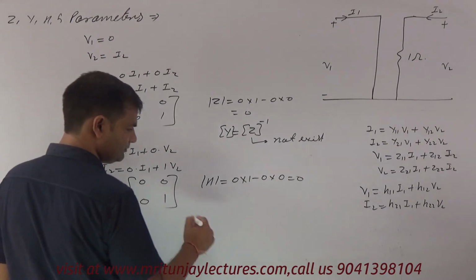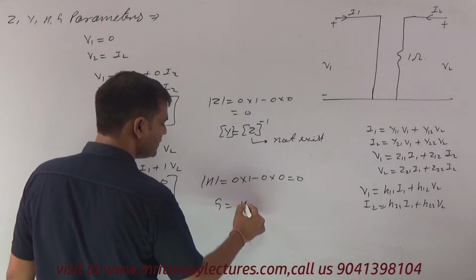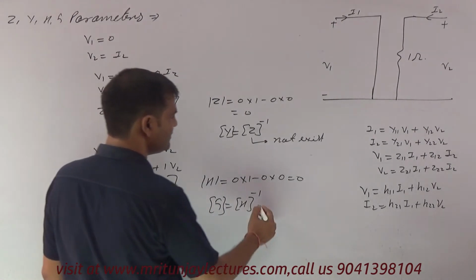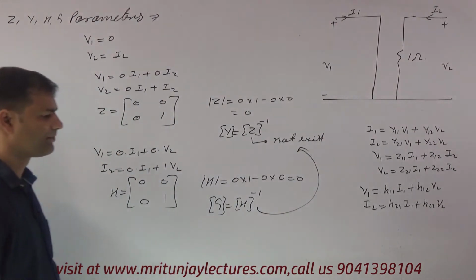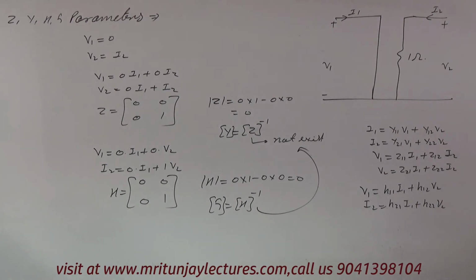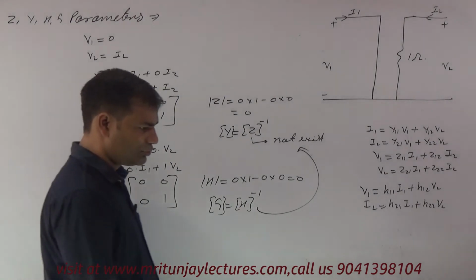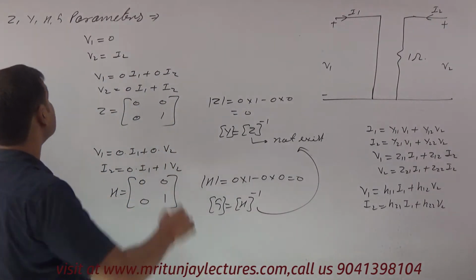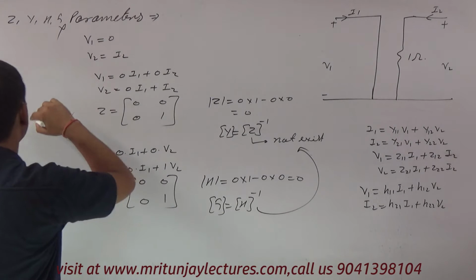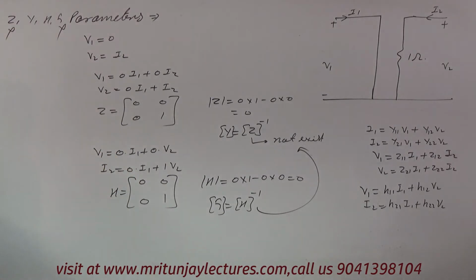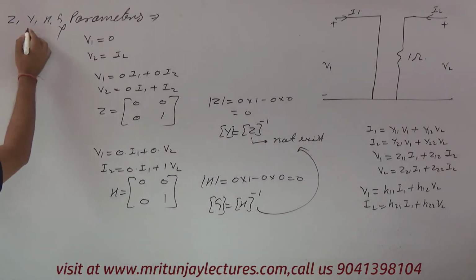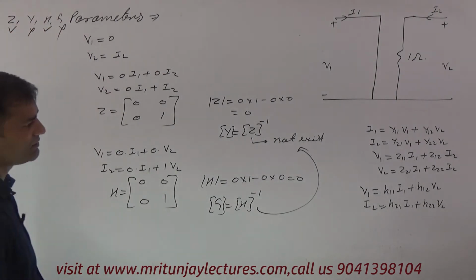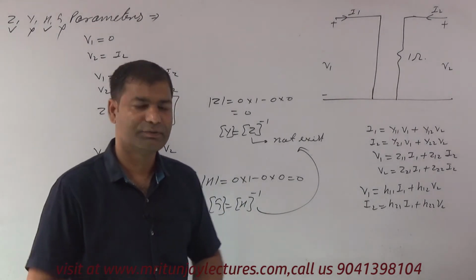And G, so this one does not exist. Clear or not? Sorry, the G parameter and the Y parameter do not exist. The Z and H parameters exist corresponding to this one. Okay, first of all, make it.